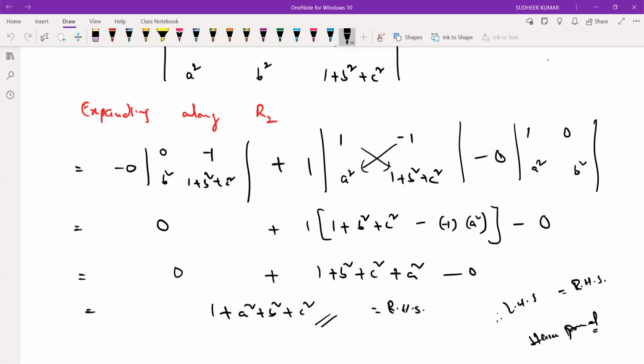So if it is not possible to get 2 zeros, you can proceed with 1 zero if you get it. Clear, ma? Yes, sir. The meaning of utmost number of zeros: if it is 3 by 3, you can get till 2 zeros. If it is not possible, if you get 1 zero also, you can expand it, that's it.